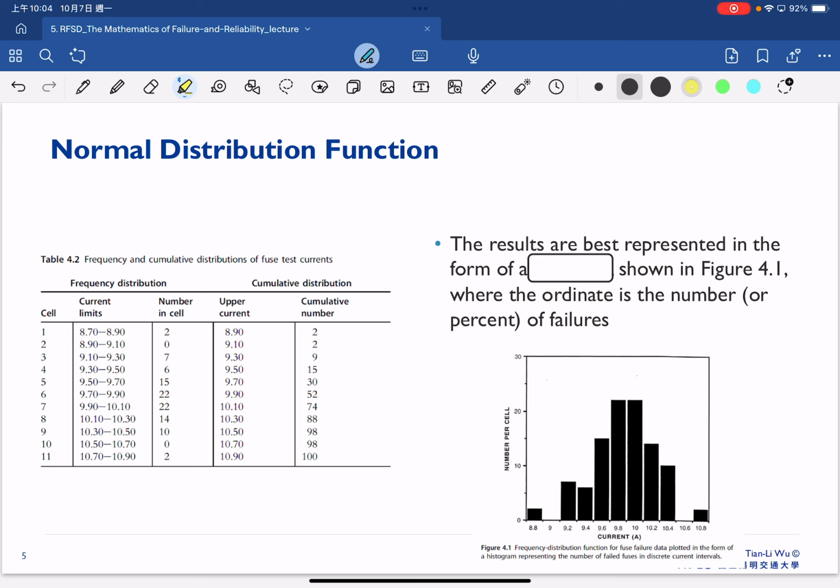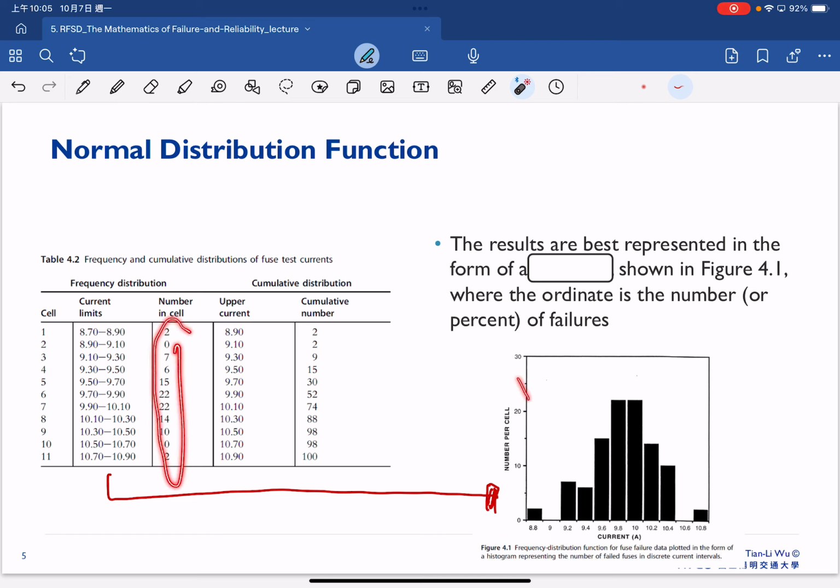Basically, we plot the current on the x-axis, and we consider this one on the y-axis, then we can come up with this very well-known distribution plot where the x-axis is each current, and the y-axis is how many fuses failed at this current.